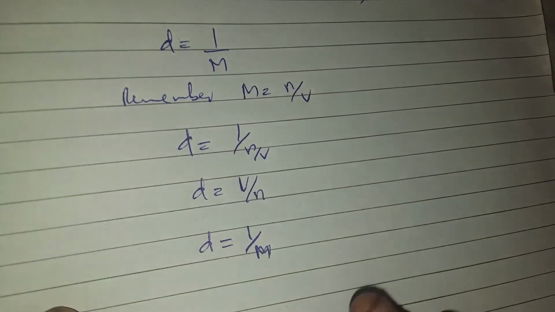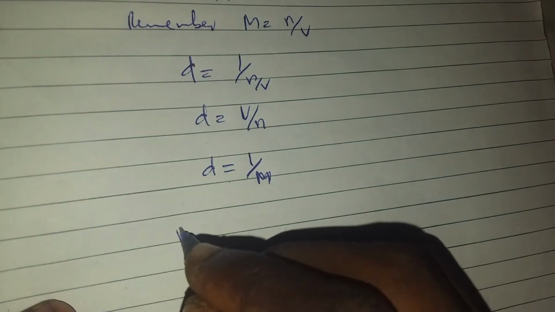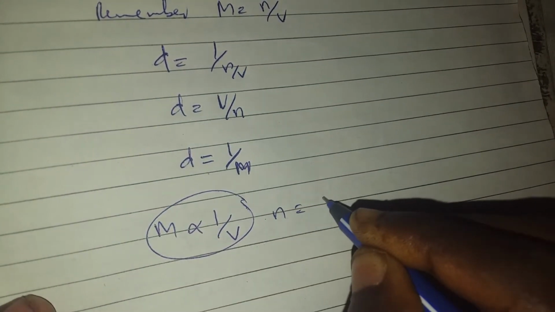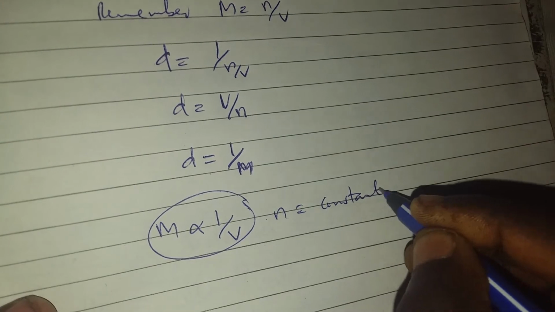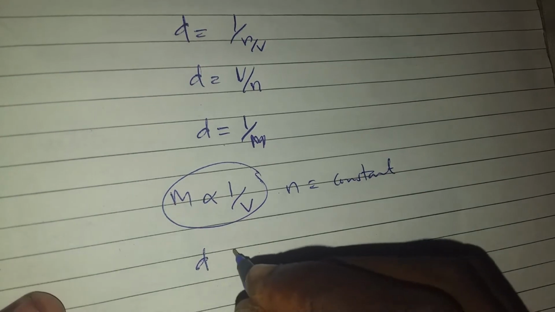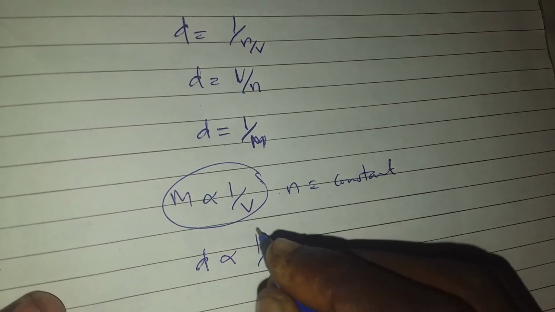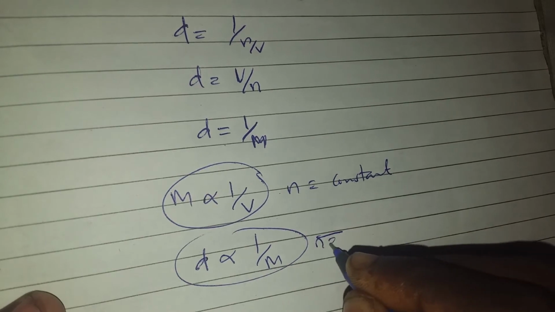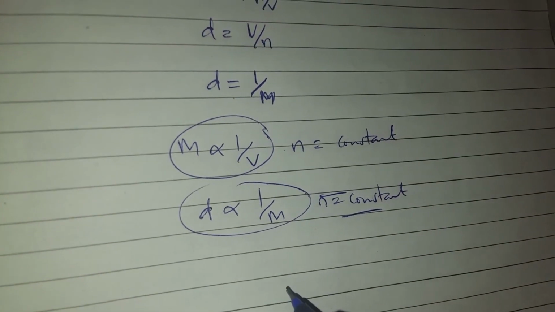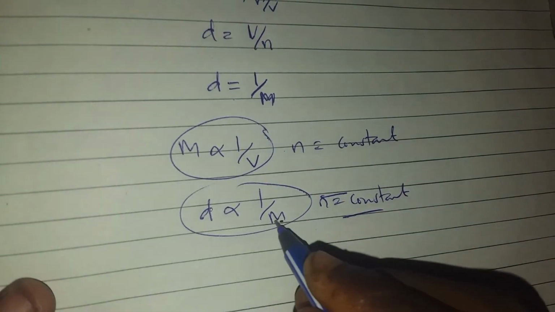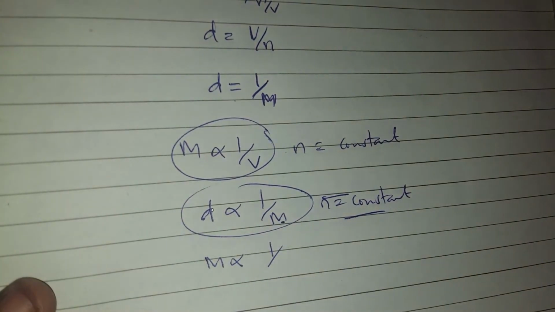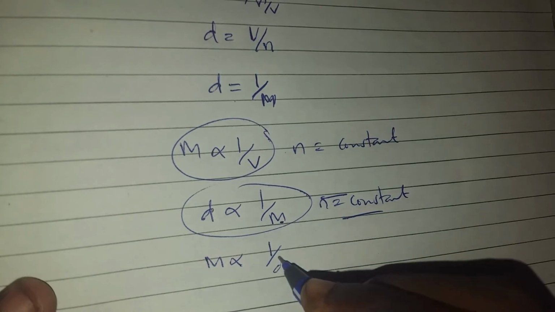Now, since molarity is inversely proportional to volume if N is constant, and the dilution is inversely proportional to molarity if N is constant, that means if we relate the relationship, molarity will also be inversely proportional to dilution.